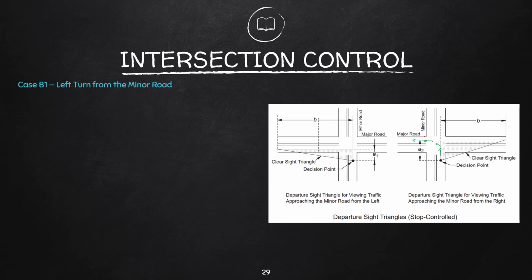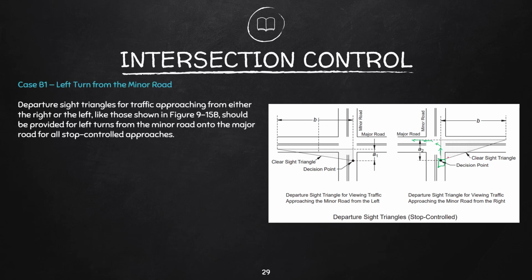So for this case, let's say you have your car here. Departure side triangles for traffic approaching from either the right or the left, like those shown in figure 9-15b, that is this figure, should be provided for left turns from the minor road onto the major road for all stop controlled approaches.